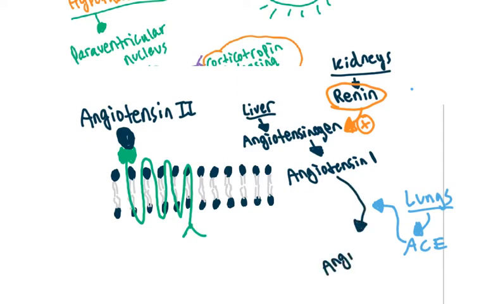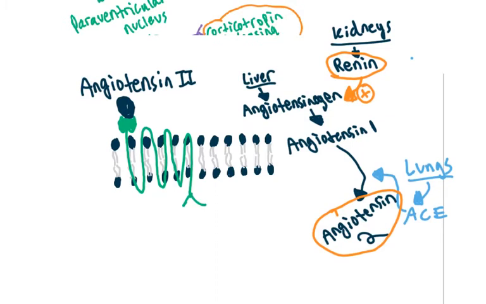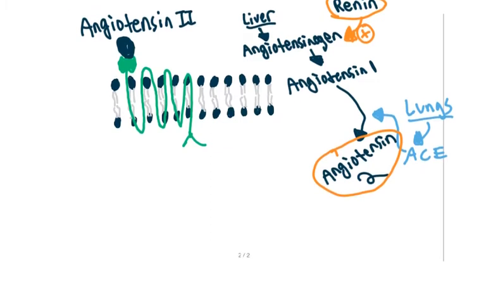And this is the angiotensin 2 that will bind to a G protein coupled receptor on the zona glomerulosa cell membrane, initiate its effect inside the cell, and play a huge role in producing aldosterone. So angiotensin 2 will eventually lead to the production of aldosterone via our zona glomerulosa.